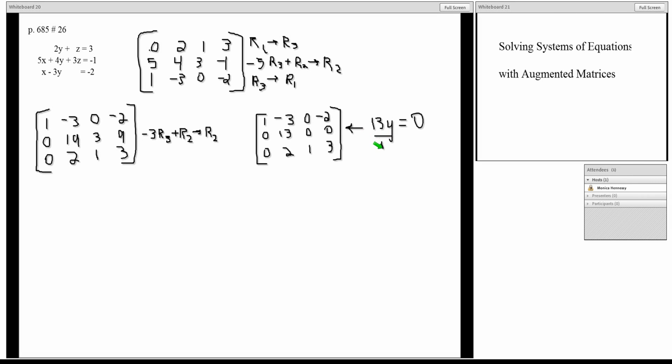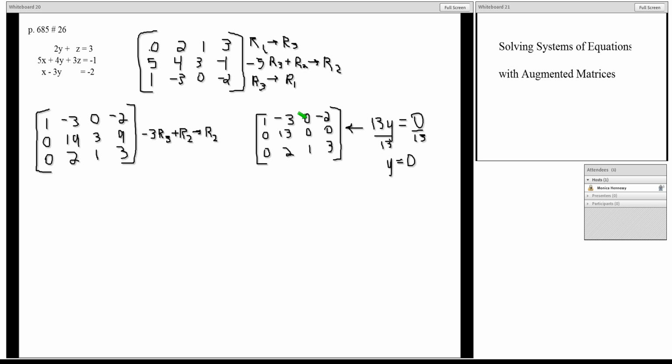Alright, so if I look here, I don't have everything with 1s down the diagonal, but I do have a row right here where I have zeros in the x and 0 in the z, so I can get the y by itself. So I can actually solve this.